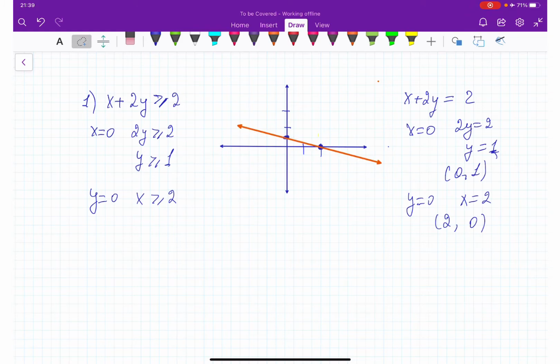There we go. Okay, so this is our graph, and because we have an equal sign here, it's going to be a solid line.